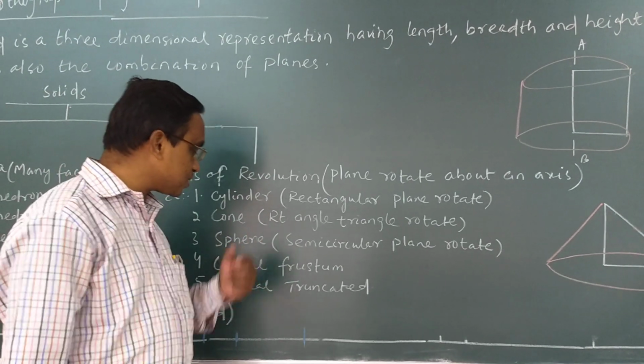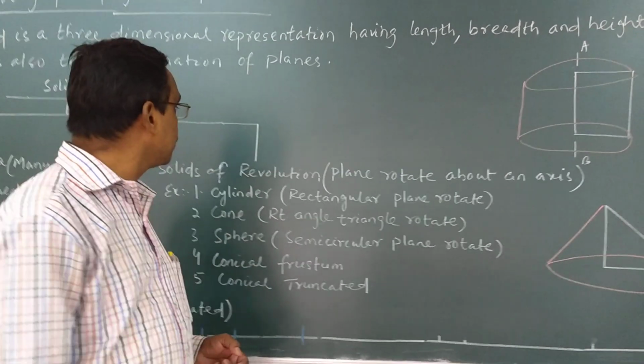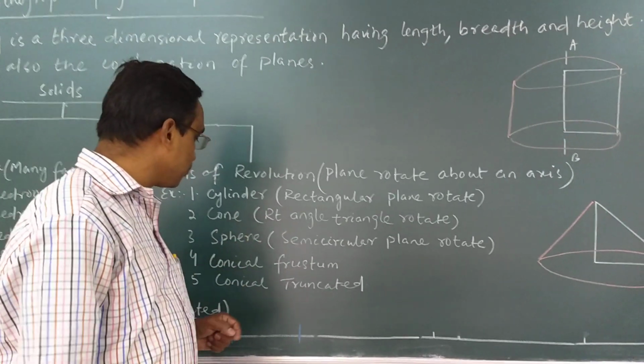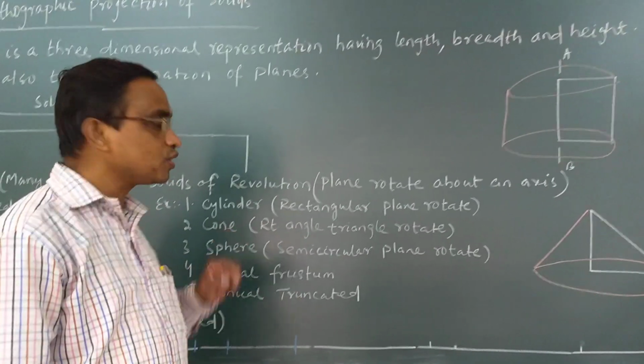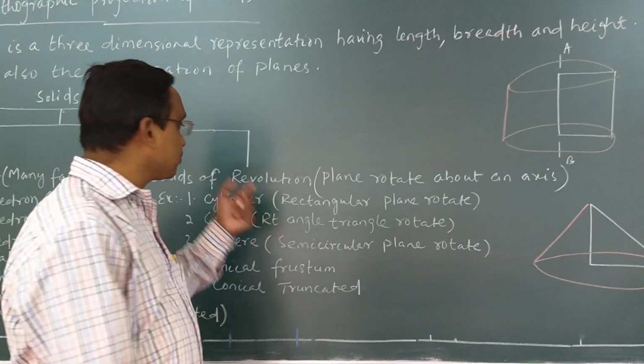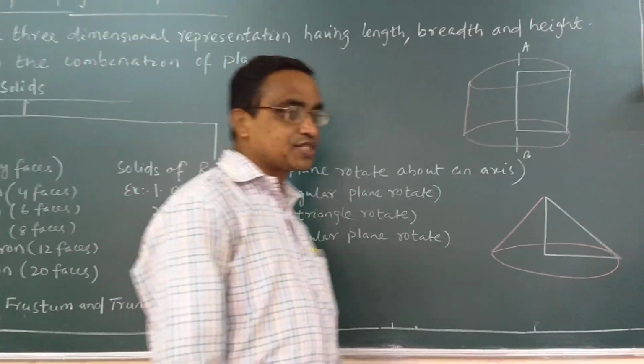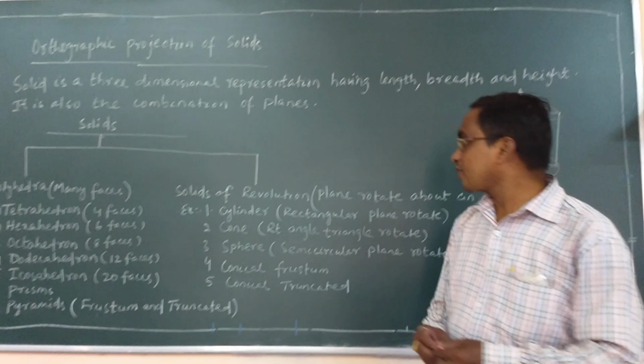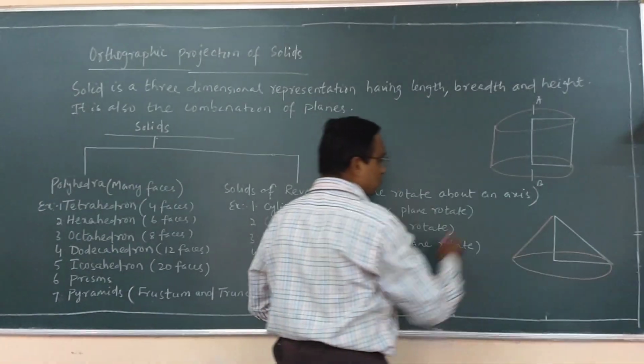Then conical frustum also belongs to the solids of revolution group, and conical truncated also belongs to the solids of revolution group. What is a frustum and what is a truncated? This is the cone.